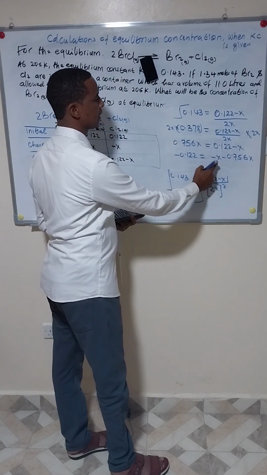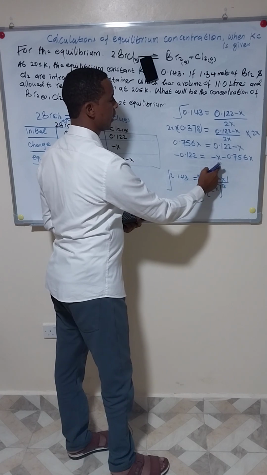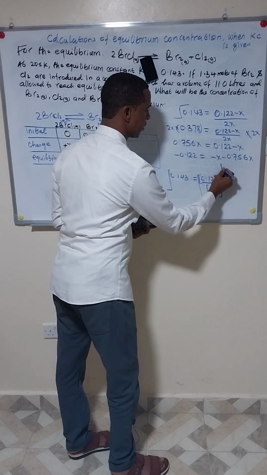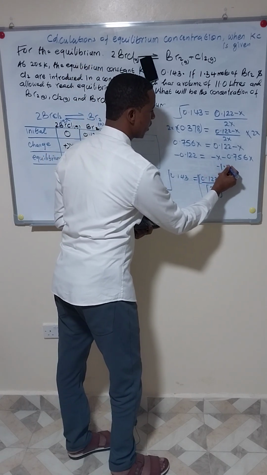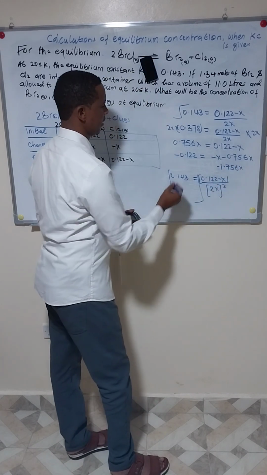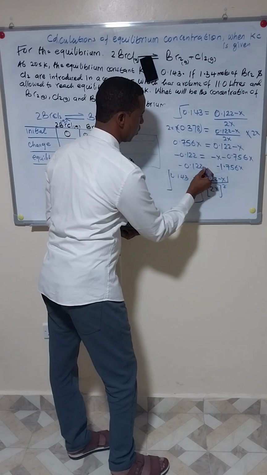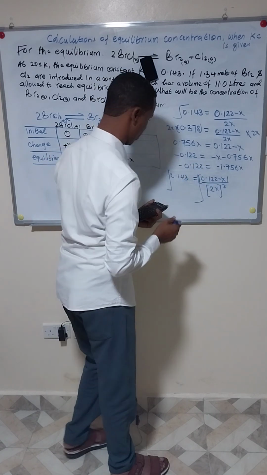This is just 1x, so minus x minus 0.756x is minus 1.756x is equal to minus 0.122.